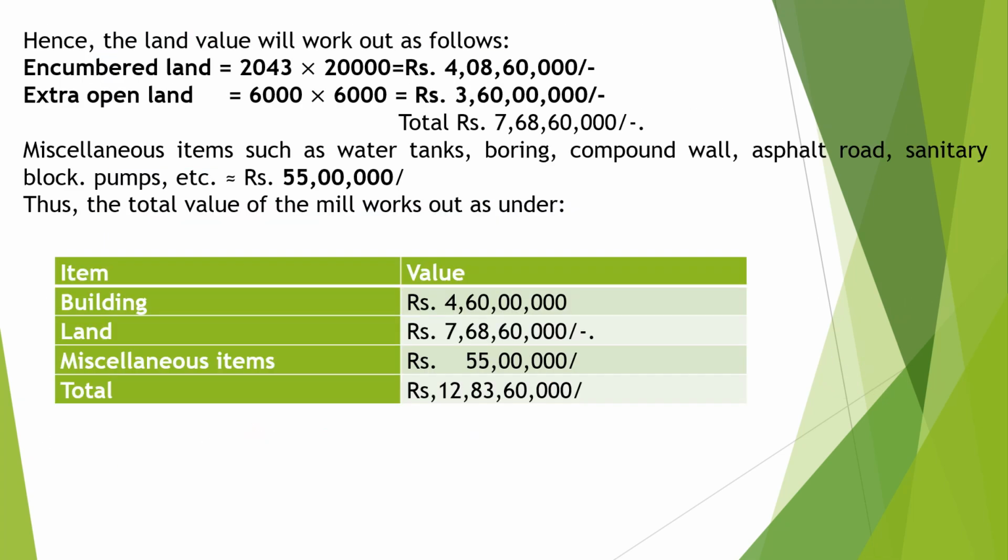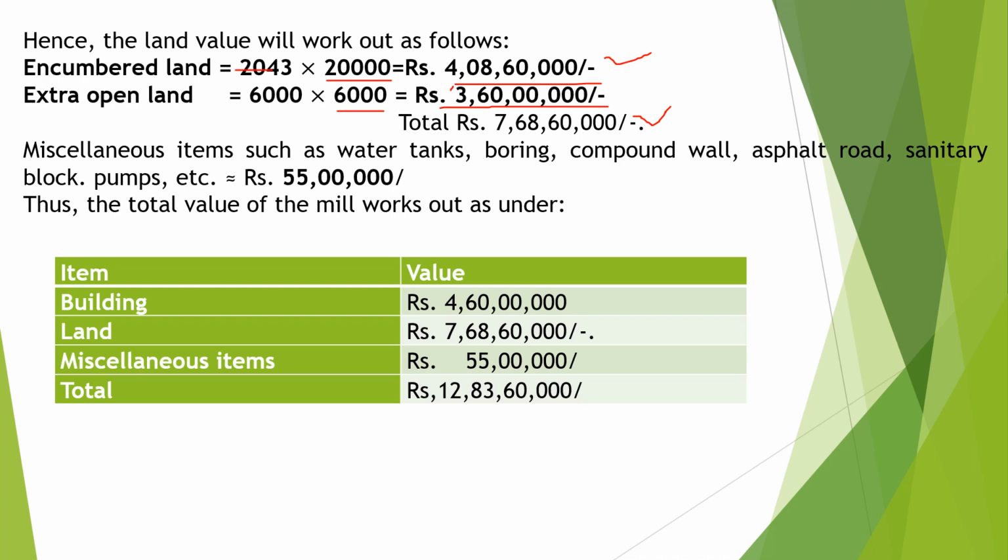For encumbered land, the rate is 2,043 multiplied by 20,000 square meters. So the total value will be 4 crore 8 lakh 60,000, and for the extra open land of 6,000 square meters at a rate of 6,000, it will be 3 crore 60 lakh. So the total value of the land is 7 crore 68 lakh 60,000.